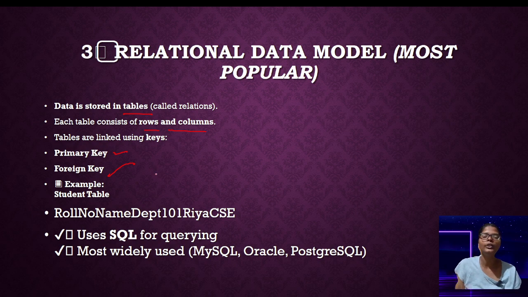Now you don't need to worry about these keys. When we discuss practically, then you'll understand this. Just remember the types of models and how the data is arranged or organized. This model uses SQL for querying, retrieving, and manipulating the data.